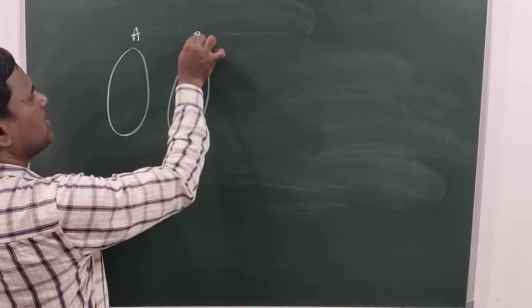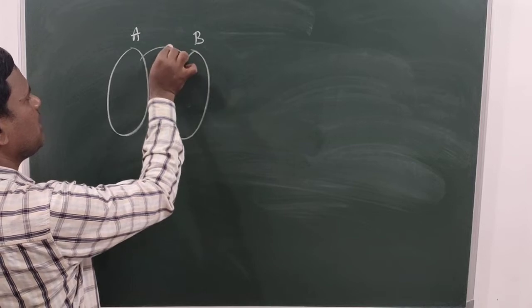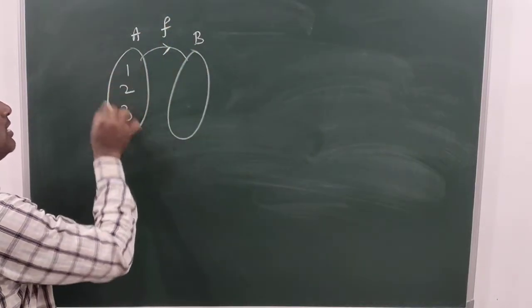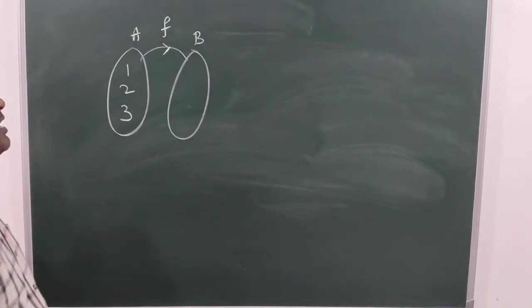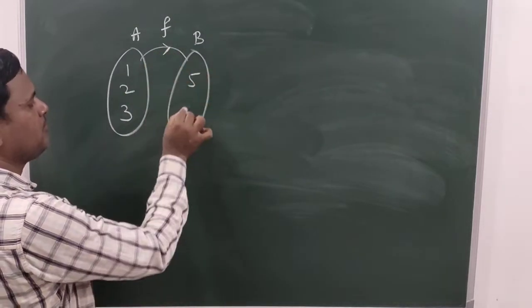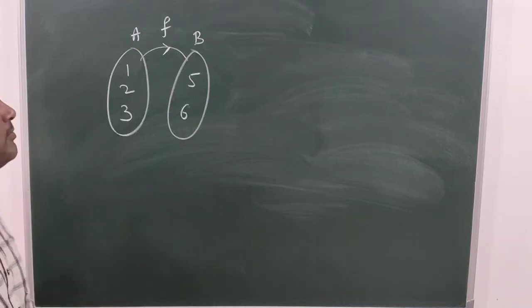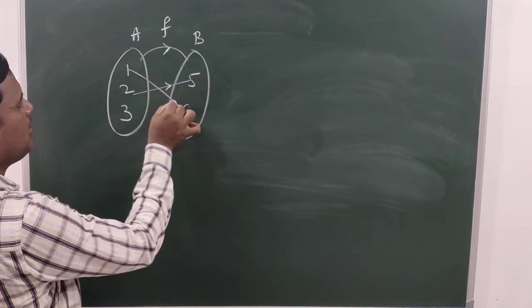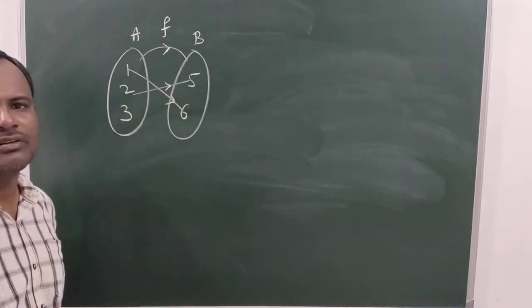This is set A, set B. One relation is mapping from A to B. Let us take 3 elements in set A and 2 elements in set B. Does this relation represent a function?